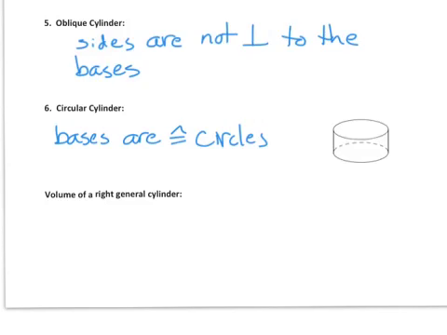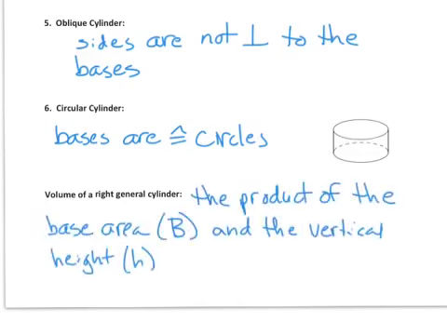And in every case, if we want to find the volume of a right general cylinder, and it really doesn't even have to be a right general cylinder, if you want to find the volume of a cylinder, it's going to be the product of the base area and the vertical height. So this works for any cylinder.